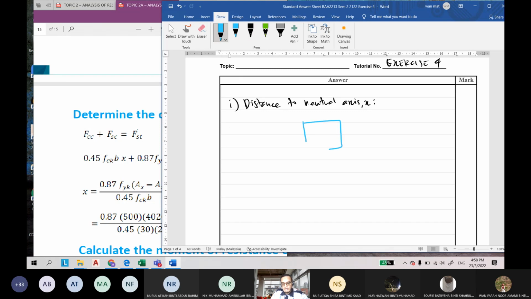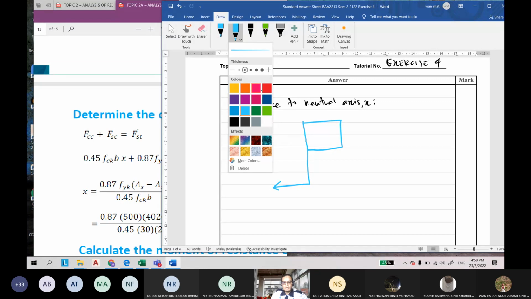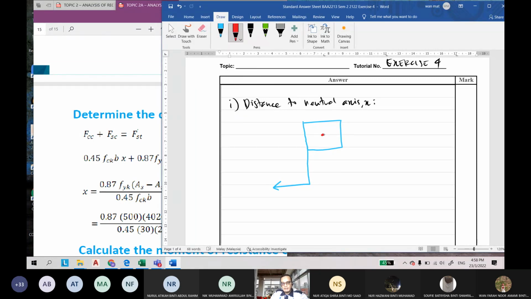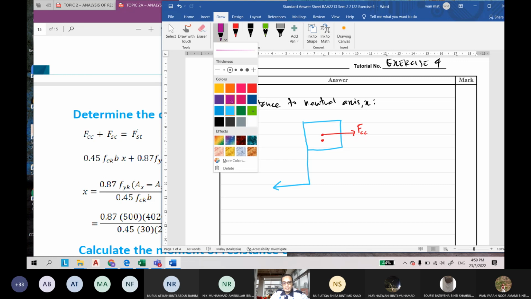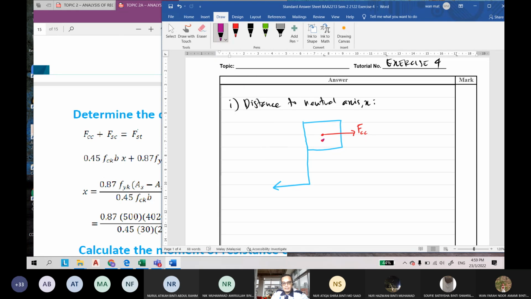So this is the stress block, and this is for the steel. In red color at the center is this force: the forces inside the concrete due to compression. And using another color, the forces inside the steel for compression.